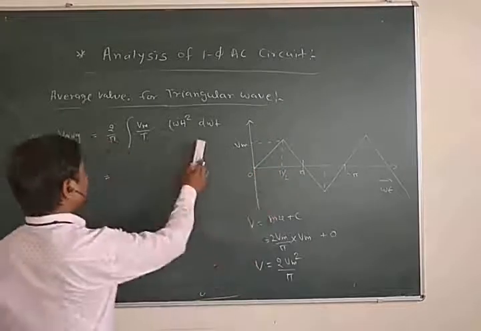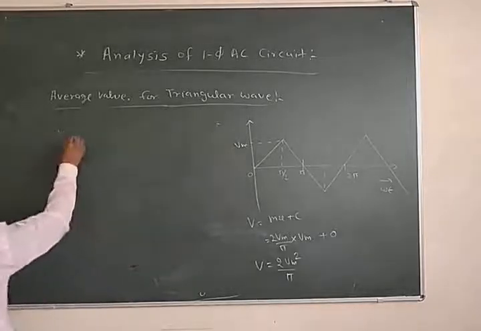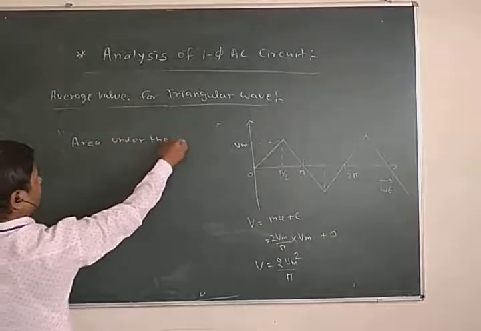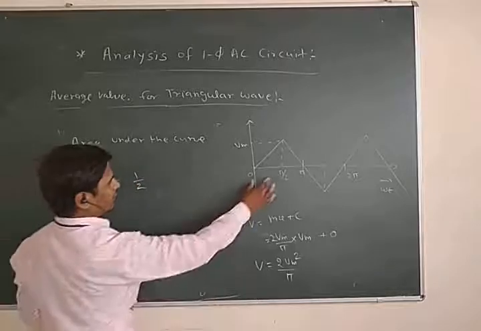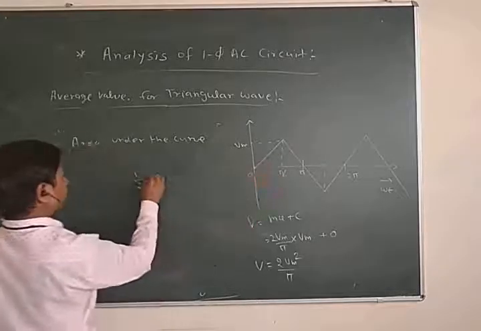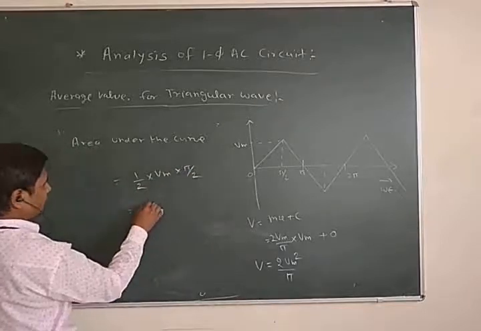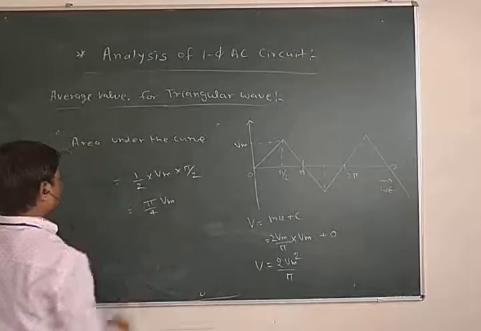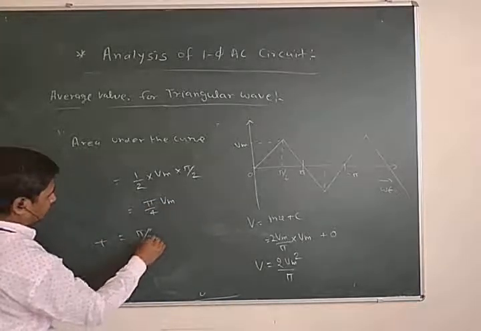So the area under the curve is equal to 1 by 2 into Vm into pi by 2, that is pi by 4 into Vm, and t is equal to pi by 2.